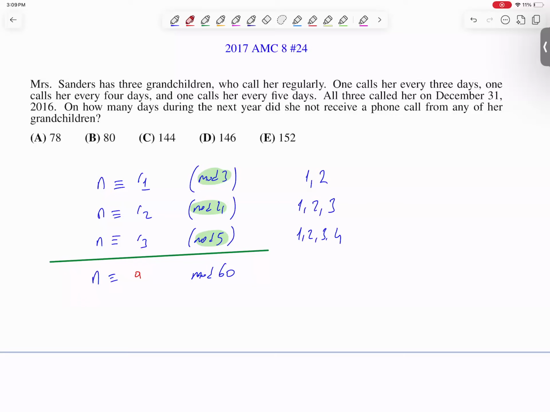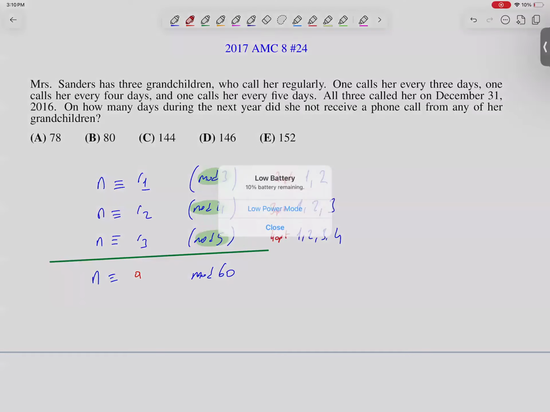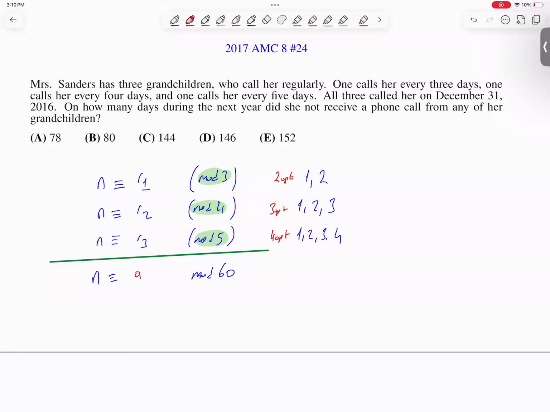And how many different systems of congruences can we create here? For r1, we have 2 options. For r2, we have 3 options. And for r3, we have 4 options. Then from the multiplication principle, 2 times 3 times 4, which equals 24, I can create 24 different systems of equations.